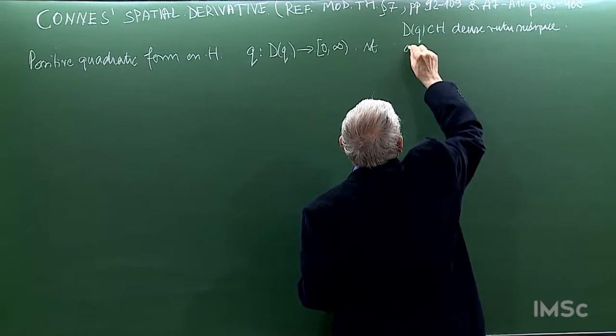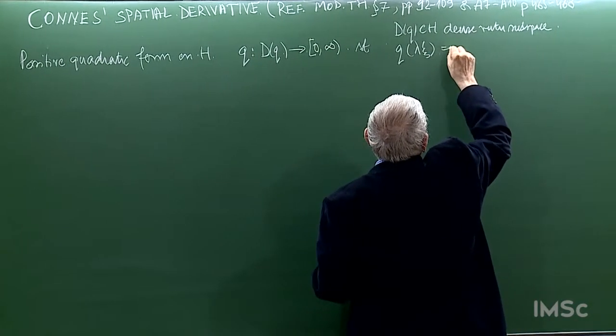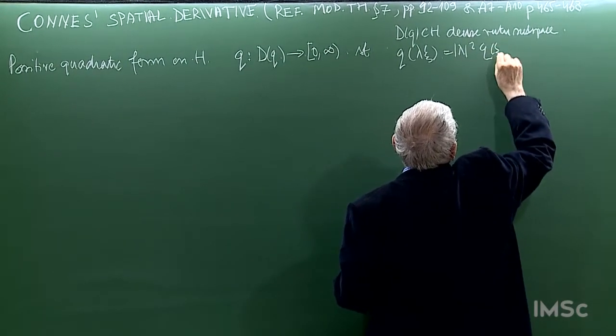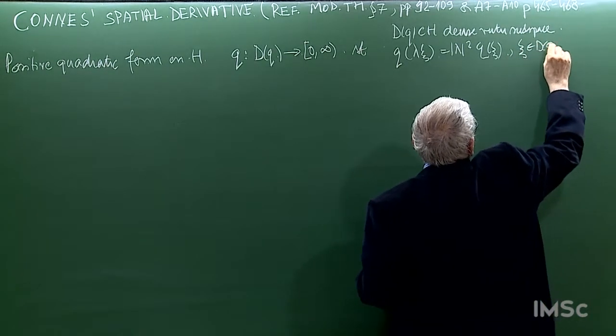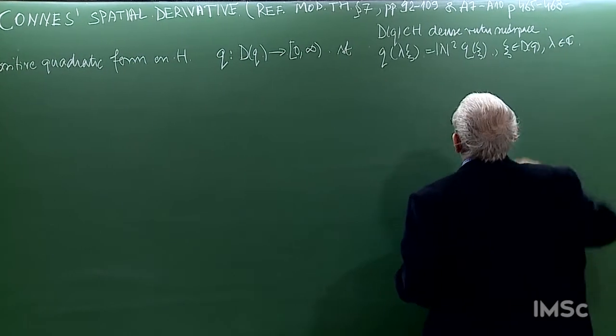Then Q of lambda xi is modulus of lambda squared times Q of xi for every xi in the domain of Q and lambda a complex number.